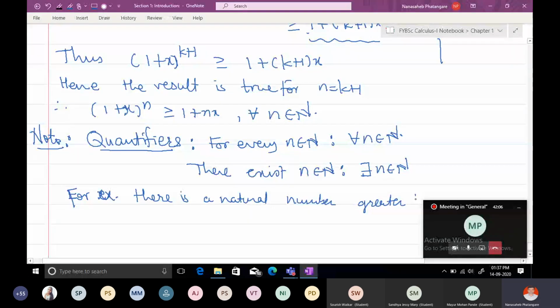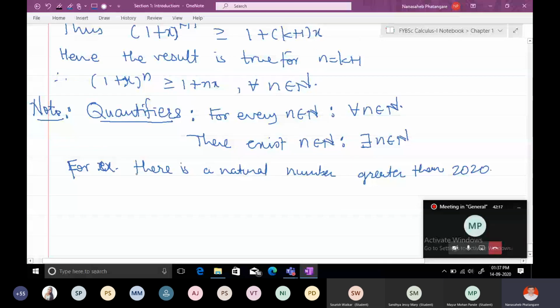So how will you write this statement using quantifiers? The same statement I can write as there exists n in N such that n is greater than 2020. This statement is true, right? Because certainly I can produce a natural number which is greater than 2020, right?